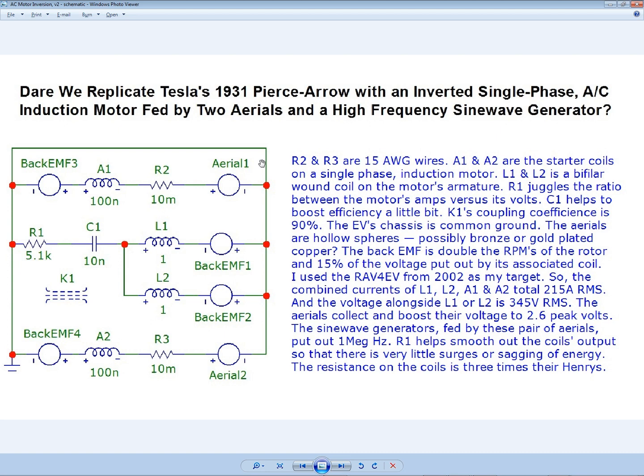We want diamagnetic material, which would be copper, and also we want low resistance, which is copper. But gold is also, I believe, gold and silver are very low resistance materials, and gold does not tarnish. So if we gold plate this hollow copper sphere, both inside and out, it'll probably be quite effective.